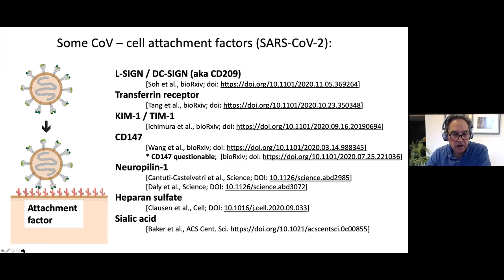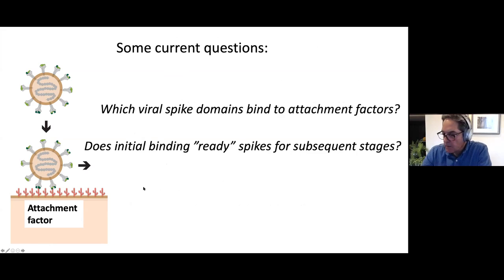But there are still many questions, and one recent PhD graduate student in our lab, Enya Ching, spent some time addressing two questions, not specifically what the attachment factors are for SARS-CoV-2, but rather which viral spike protein domains bind to attachment factors.